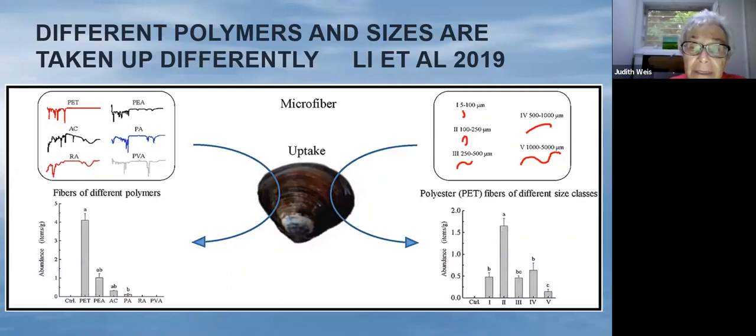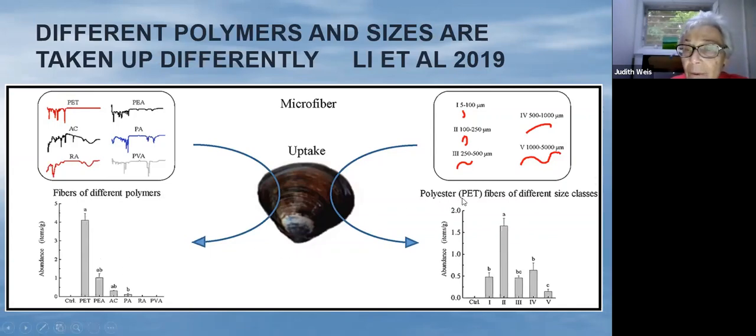There are also differences in selection in terms of what chemical polymer microplastics they prefer. If you look here, this is looking at different polymers, and it's the PET that they tend to want to eat, and fibers of the PET, and these others are much more scarce.